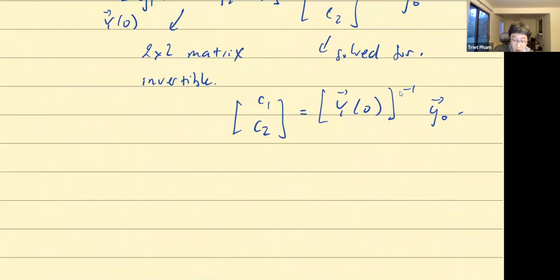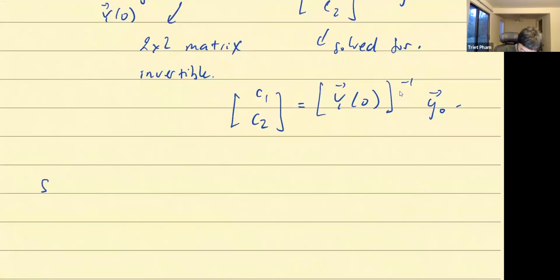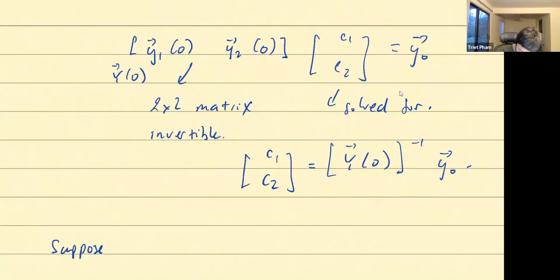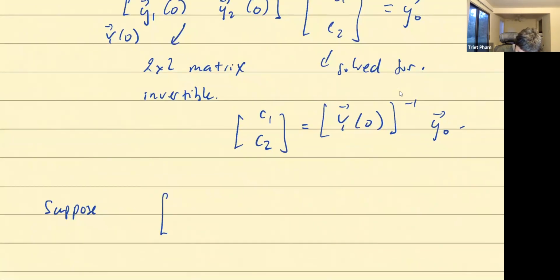Let me give you a very trivial example. Suppose that y1 prime is equal to y2, and y2 prime is equal to minus y1.